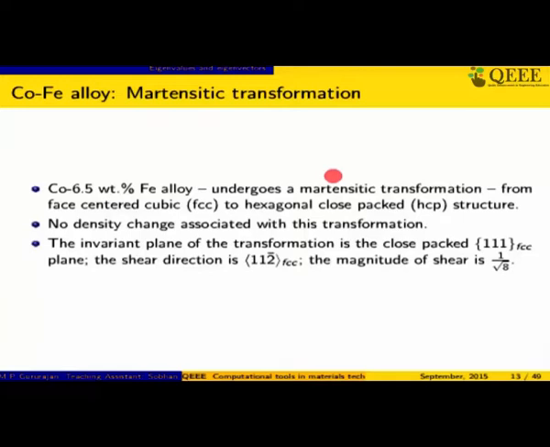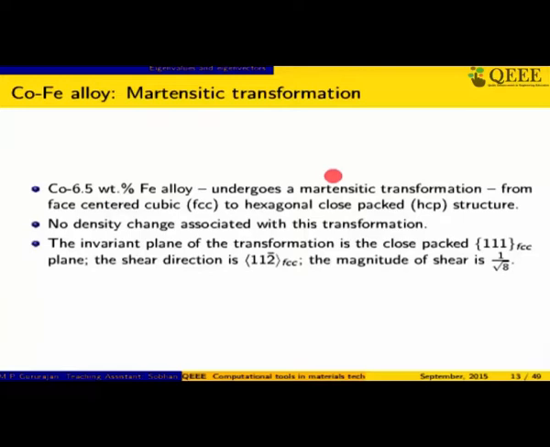If volume increases, the density would come down. If the volume decreases, the density would go up. But because there is no density change, we know that the volume is not changing.